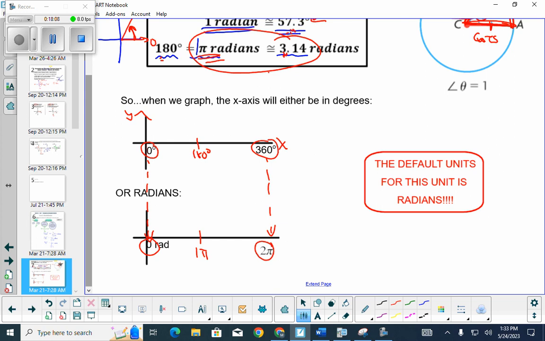But for the first week or so, most kids will scratch out the 0, 1 pi, 2 pi, and write in 0, 180, and 360 because it's what makes sense to them. Okay? You guys unfortunately don't have the digestion time, so you just need to know those 3 markers and just understand that it's just different units. It's like saying 0.5, 1 is the same as saying 0, 1/2, 1. It's the same thing, it's just different units. Okay?